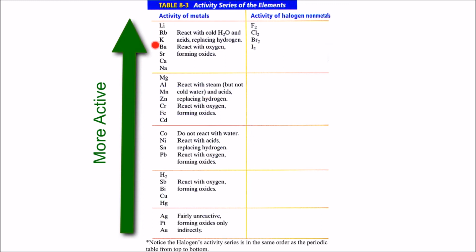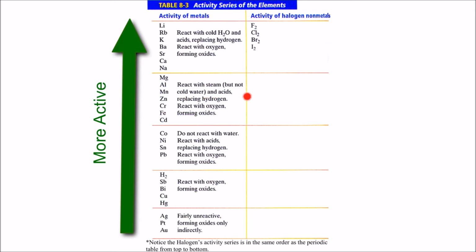Okay, so we can make some metallic oxides with these if we react them with oxygen. And if we react these guys with cold water or an acid, then we replace the hydrogen in that situation, which we already predicted because all of those are more active than hydrogen anyways.